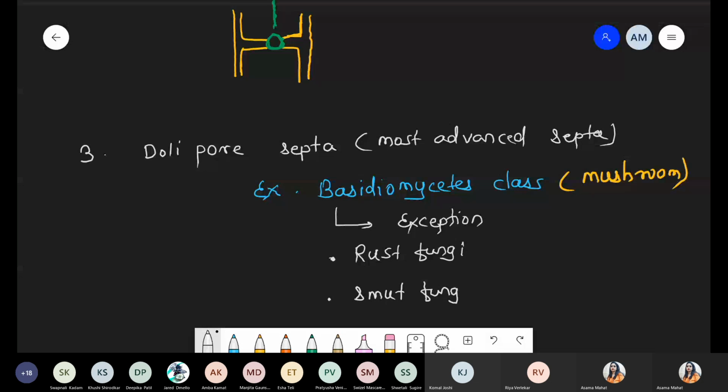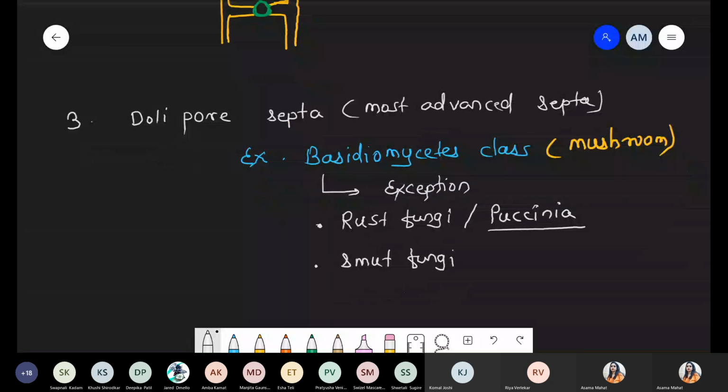Rust fungi are also called Puccinia, and smut fungi are also called Ustilago. So rust fungi is the common name, and the scientific, biological name is Puccinia.